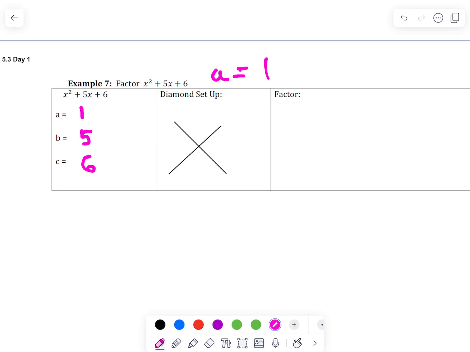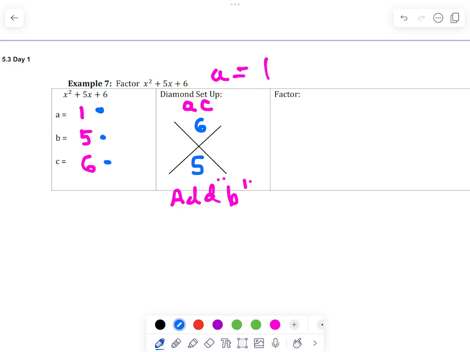So the top of the diamond is multiplying a and c together. The bottom of the diamond is add b. So here's what I mean. What we do is we multiply a and c together. So 1 times 6 is 6. And then the bottom is going to be your 5.